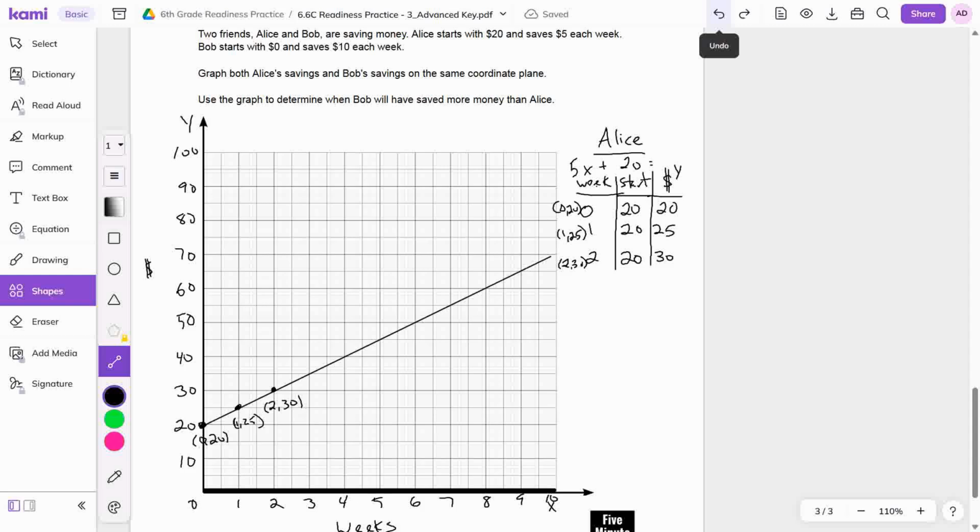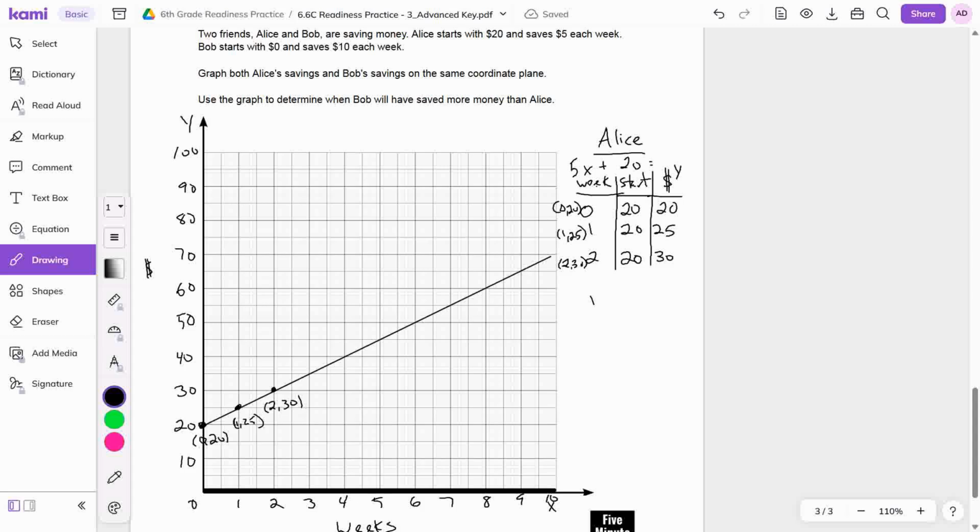Now, let's double check what we have with Bob. I'll do Bob in green. Bob is different. Let's go back to drawing. All right, Bob starts with 0, and it just saves $10 a week. So there's no extra starting money. So Bob, X, and it's $10 a week.